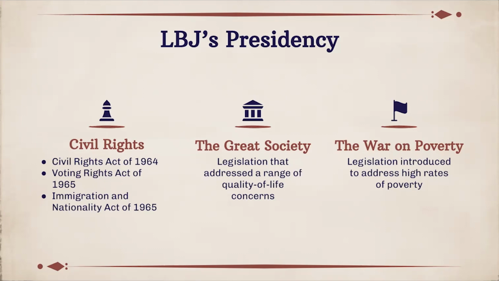Two of those are the Civil Rights Act of 1964 and the Voting Rights Act of 1965, which we're going to talk about later on. But another one is also the Immigration and Nationality Act of 1965, which abolished the quota system that had been established by the 1924 Immigration Act.